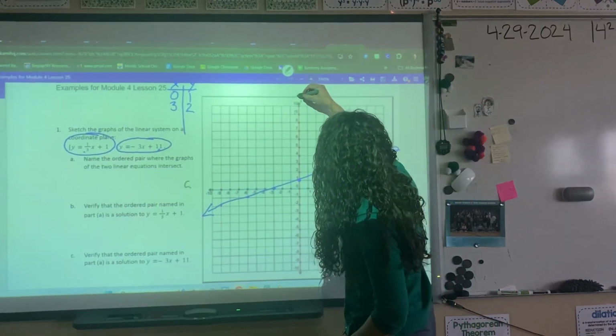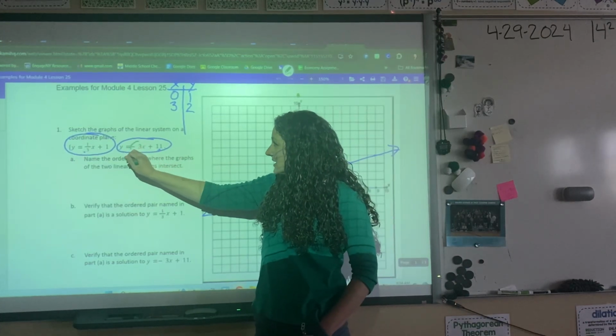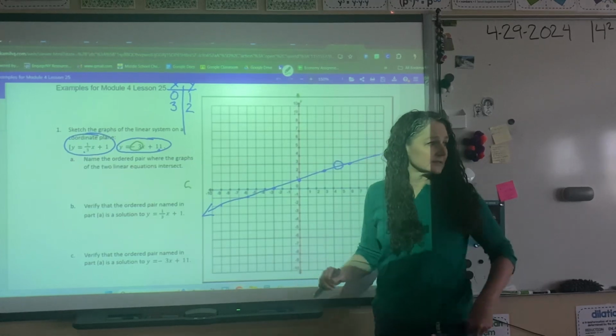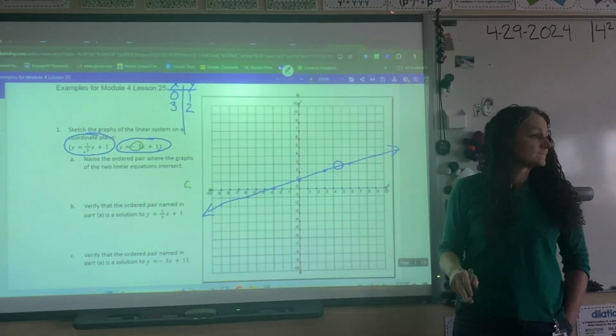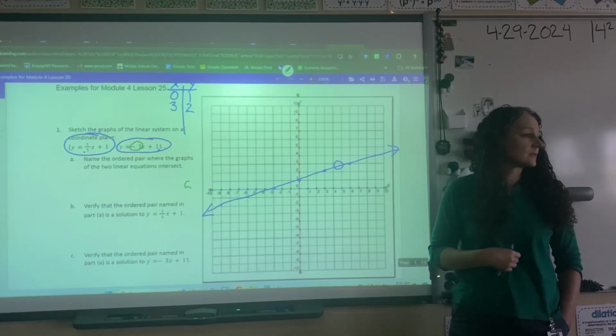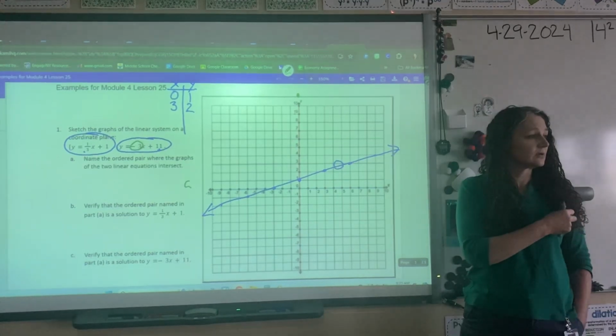So you're going to go precisely right there. And then this negative 3 is what, Jackson? It's not the y-intercept, so what is it for this line?